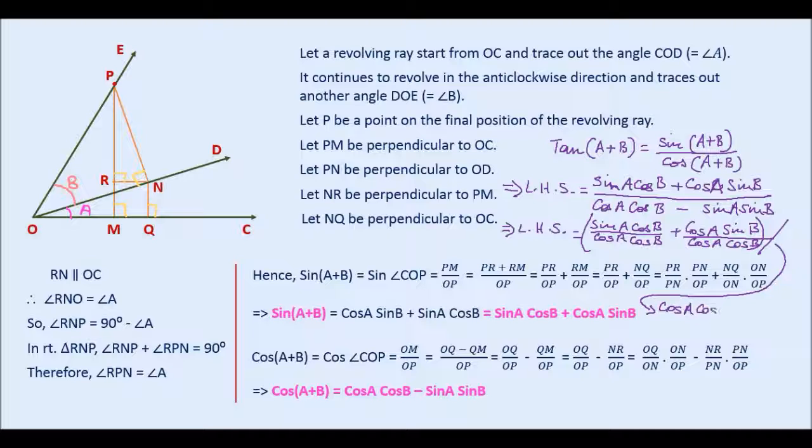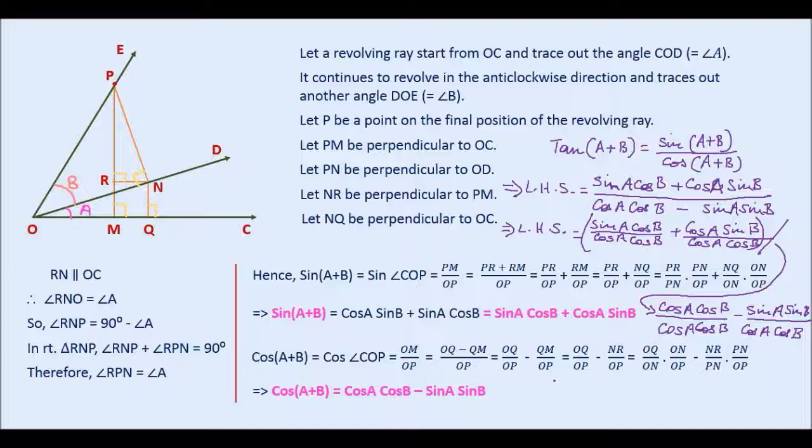Cos A cos B divided by cos A cos B minus sin A sin B divided by cos A cos B. This becomes our denominator.